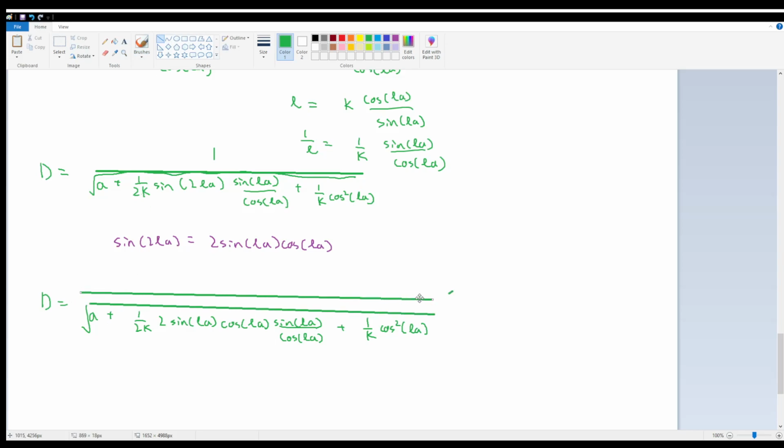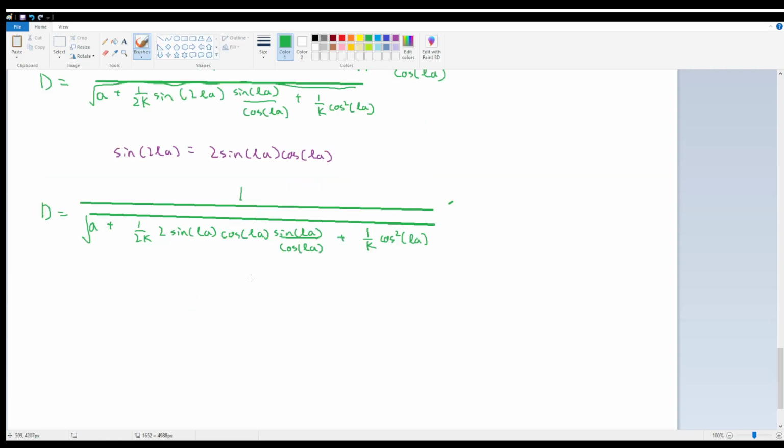Instantly, the 2's cancel, the cosines cancel. What we have left is D equal to, at the bottom, A plus 1 over K sine squared LA plus cosine squared LA, and we take the square root of everything.